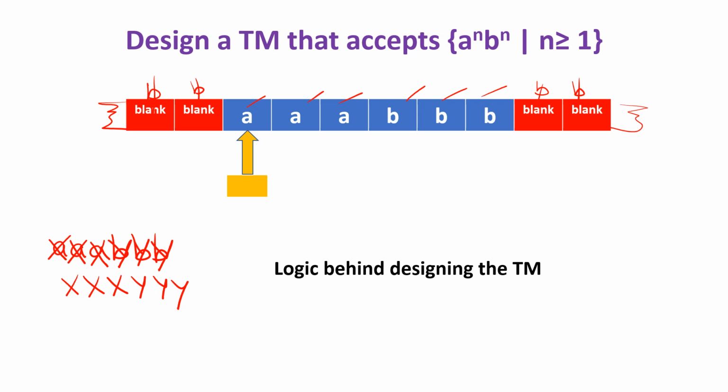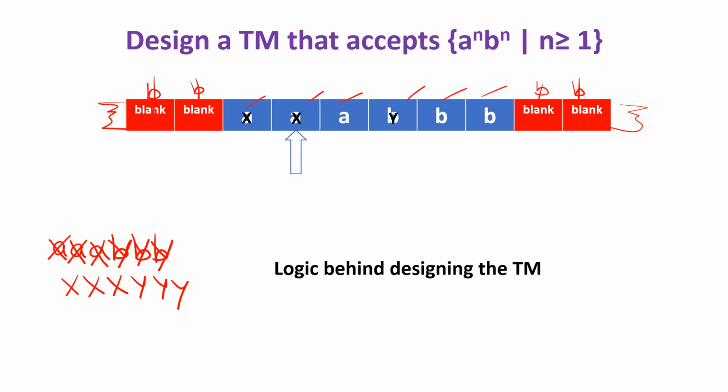According to the logic discussed, find the leftmost A, replace it with X, and move towards the right until you find the leftmost B. Once obtained, replace it with Y and go back left until I come across the first A. When do I come to know that it is the first A? Go on moving until I get the first X and just move towards its right. That will be your leftmost A. So this completes one cycle.